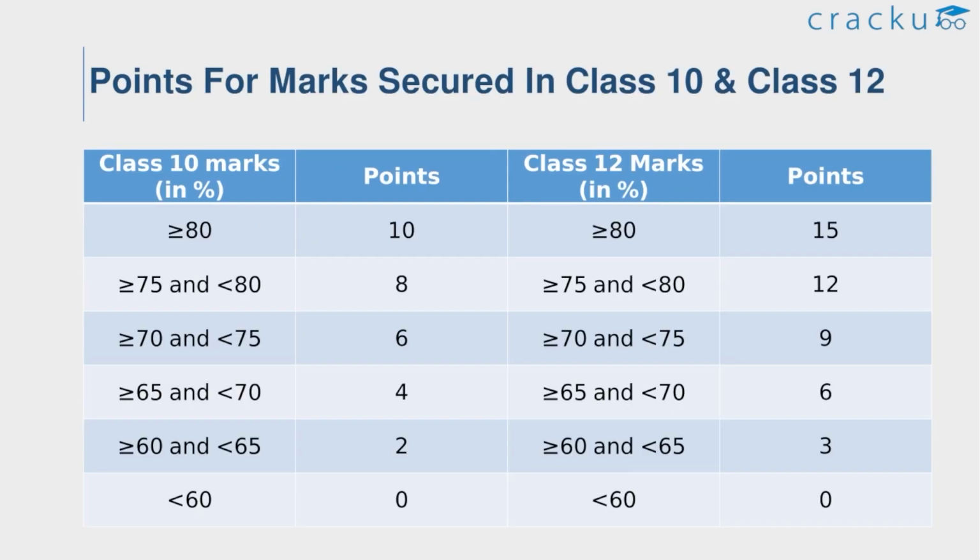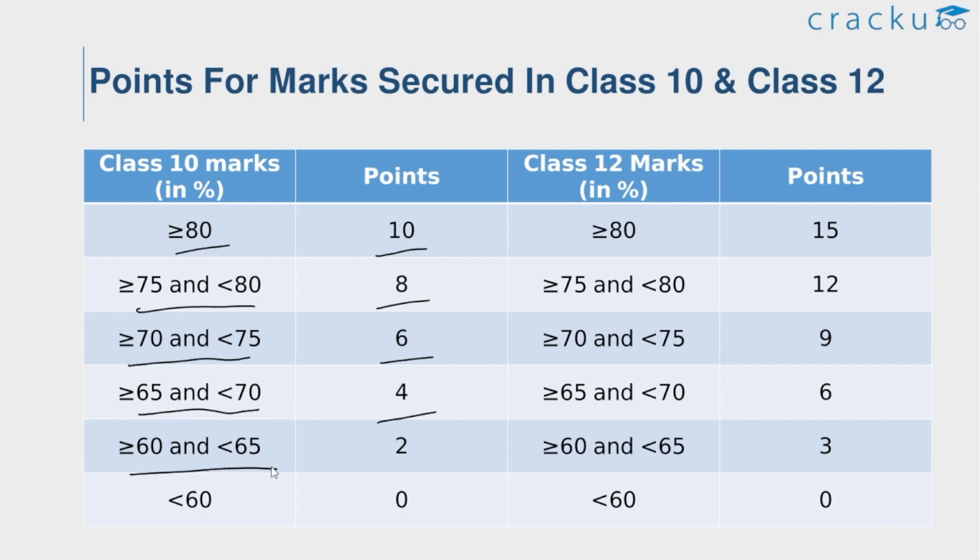Based on the marks secured in 10th and 12th, points will be awarded to the candidate. If the candidate's percentage in 10th is greater than or equal to 80%, then the candidate will be awarded 10 points. For the percentage of 75 to 80, the points will be 8. From 70 to 75, the points will be 6. From 65 to 70, the points are 4.